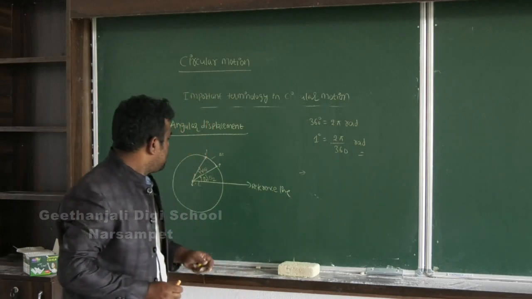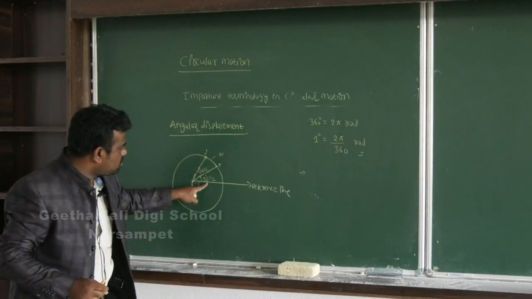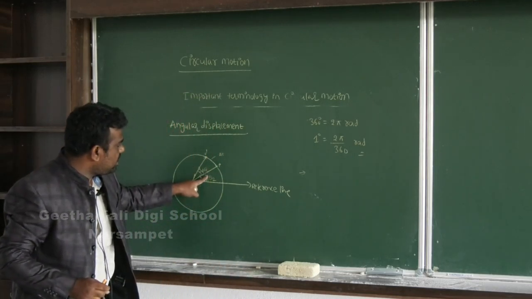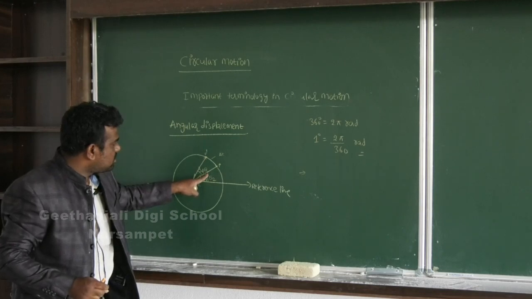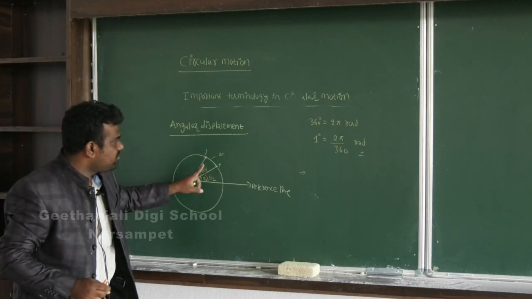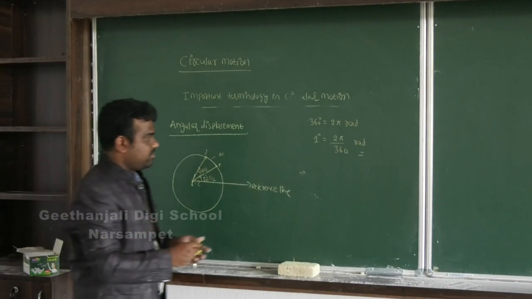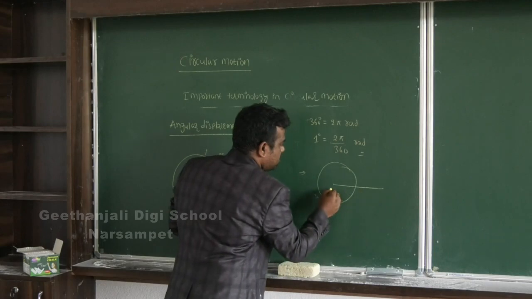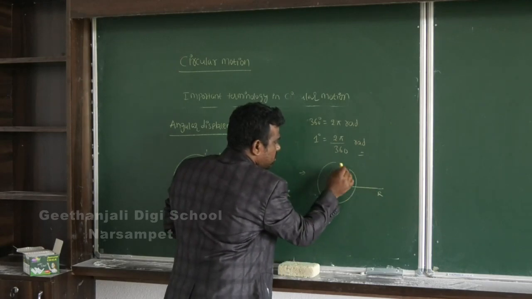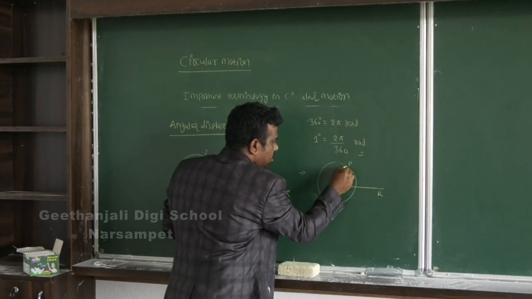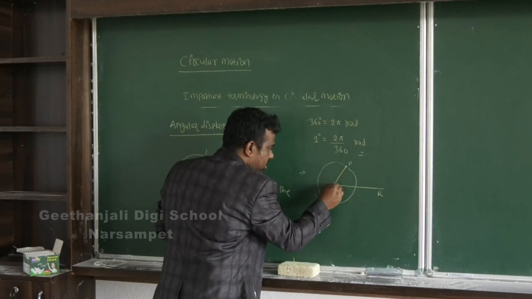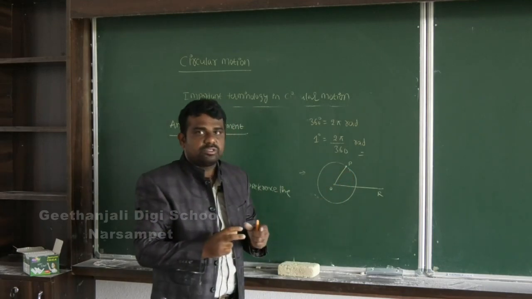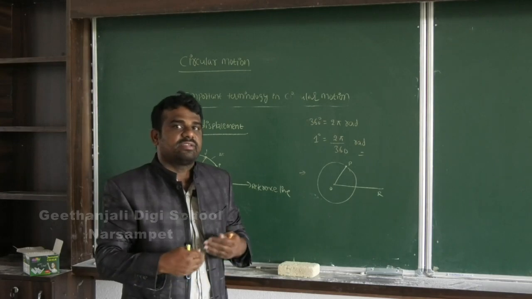Now, if angular position is measured in the anti-clockwise sense, that angular position is taken with the positive sign. It's very important. This is the reference line, this is the origin. This is the position of the particle, the position vector of the particle. We know the angular positions are always measured from the reference line.